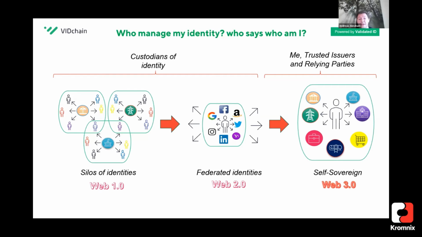This moved then in Web 2.0 to federated identities, where we had a few big players, and you could reuse the identities there. For example, if I have a Google or a Facebook account, I could go to some other service provider and use my identity data to log in, like the button 'log in with Facebook' or whatever.